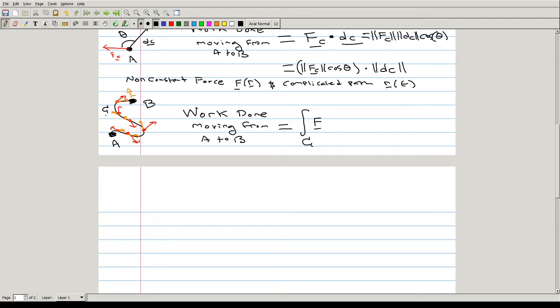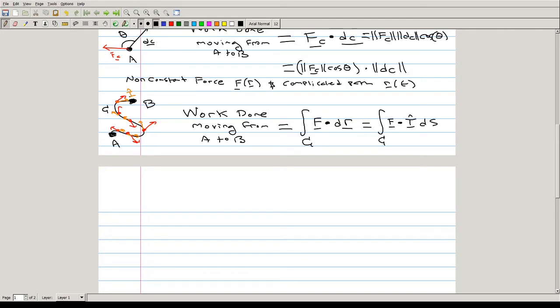So it shouldn't be hard to see here that the work done moving from A to B is going to be the line integral of the force field dotted with the unit tangent vector along the curve C, because this is just F dot the unit tangent vector ds, the line integral of F dot t hat ds along the curve.